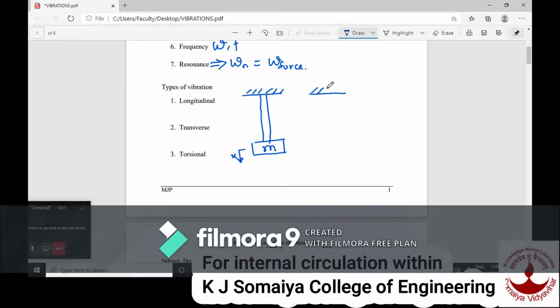Whereas if we consider a shaft at the end of which a disc is connected, and if it vibrates in this direction, it is called transverse vibration. And the third one is torsional vibration.